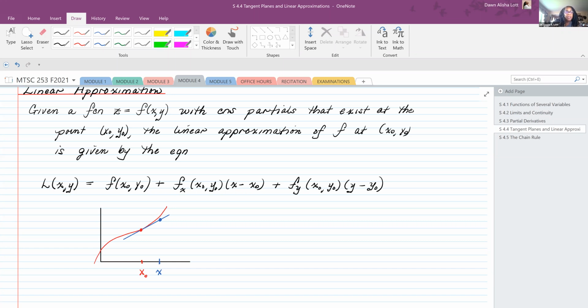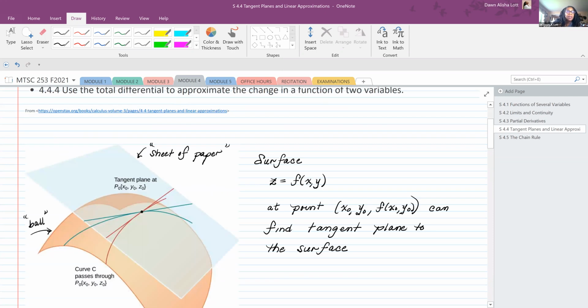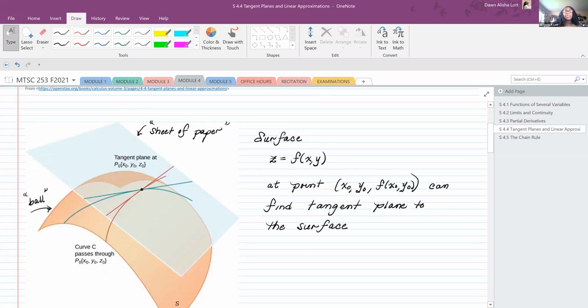Well, we're doing the same thing. We're saying, okay, I know what the true value of the function is at that dot, x naught, y naught, z naught. I want to know what's the value of z if I move just a little bit away from there on the surface.